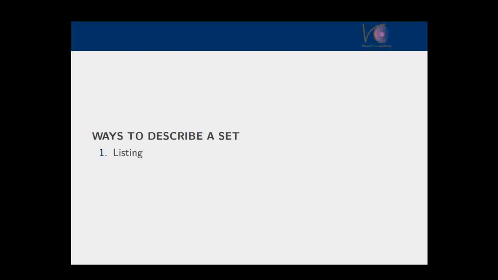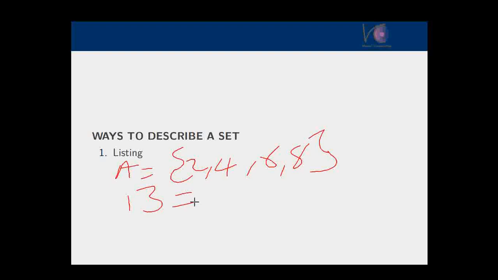So let's consider we have A to be 2, 4, 6, and 8. We can also consider we have our B. This is B, not 13.